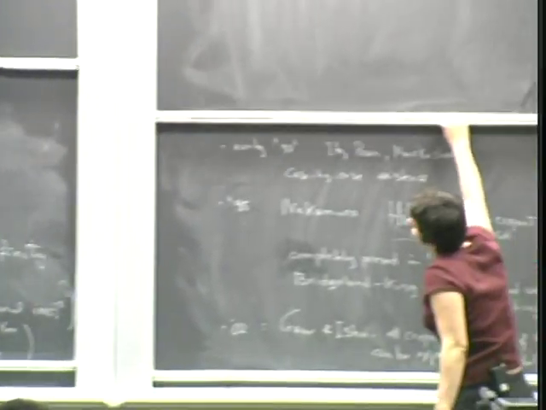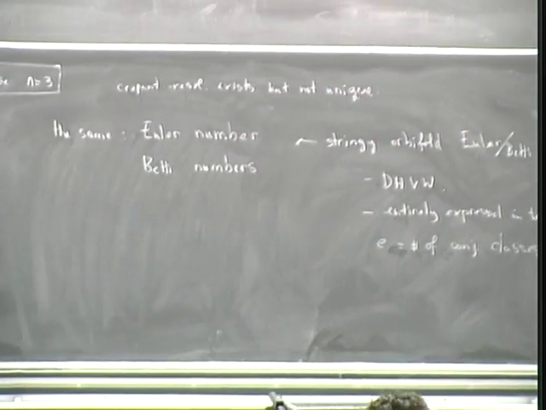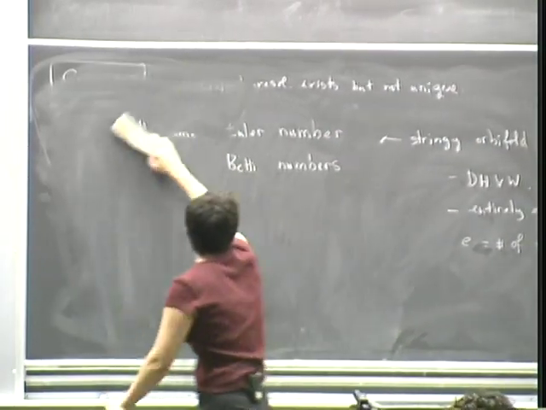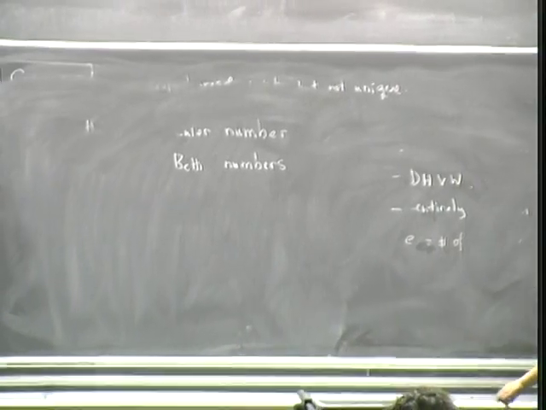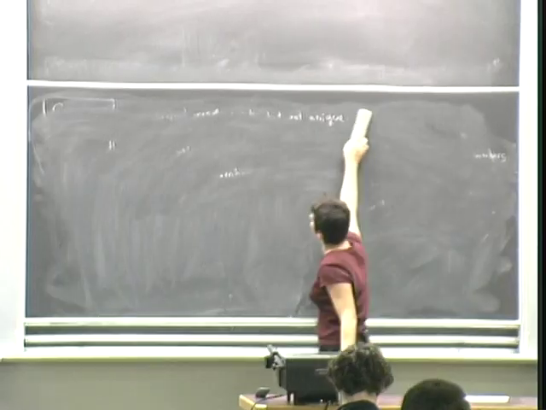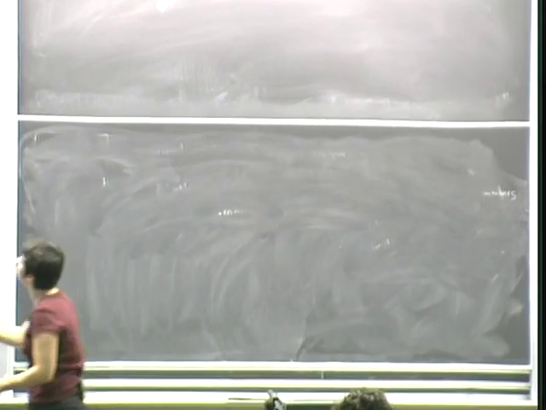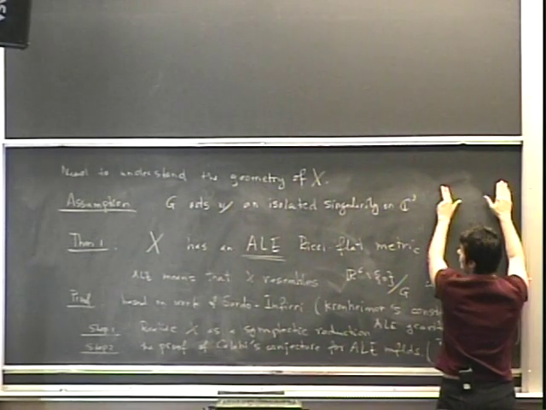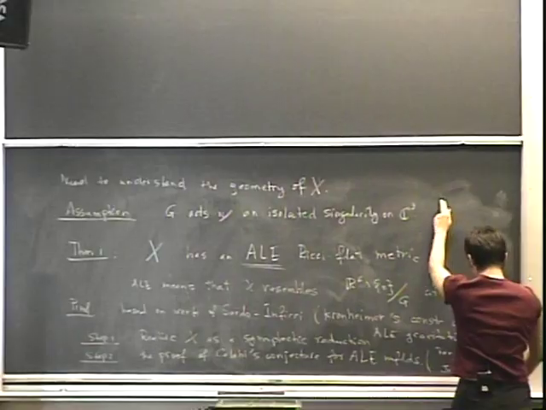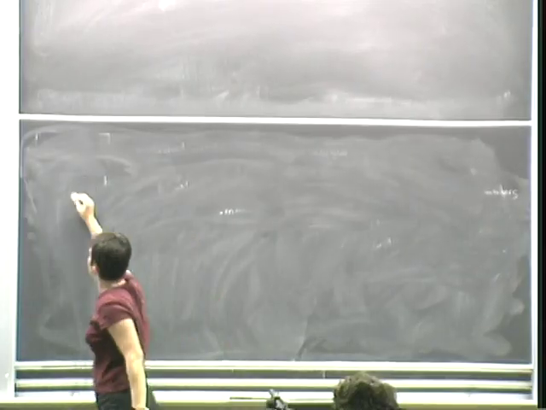So now that you have an ALE Ricci flat metric, you are ready to start to think about index theory. So what's index theory about?